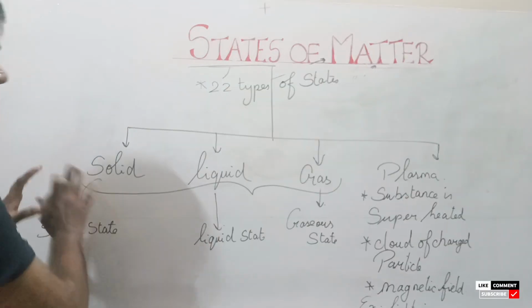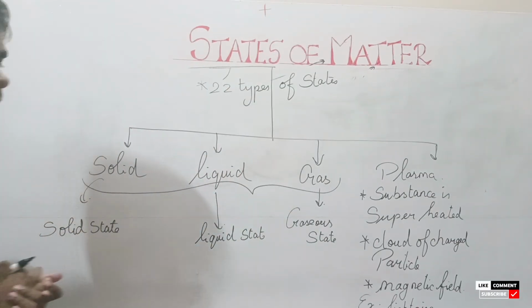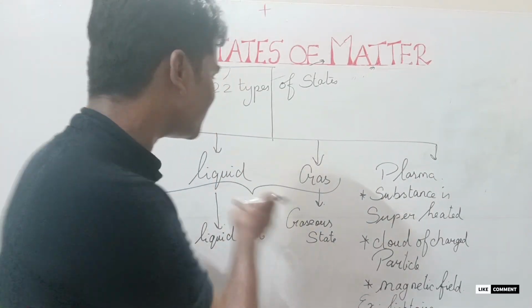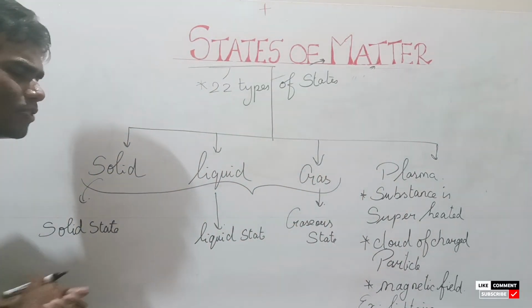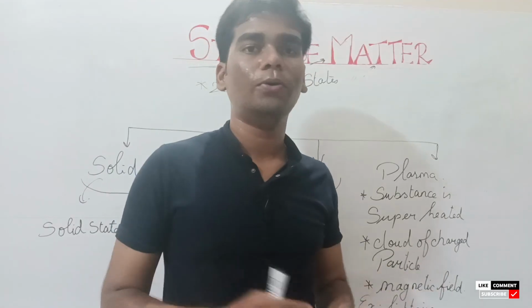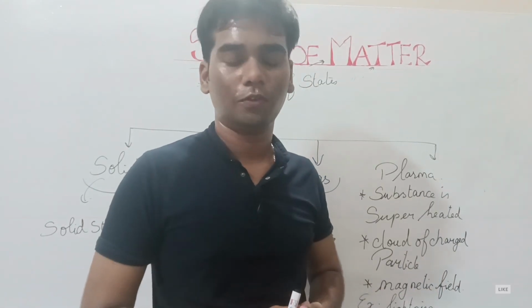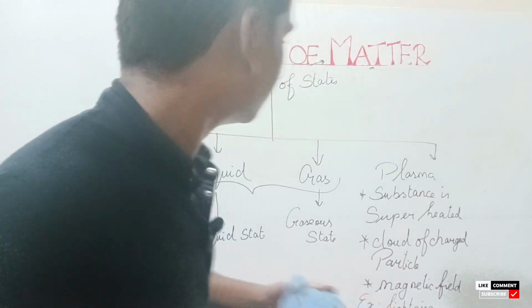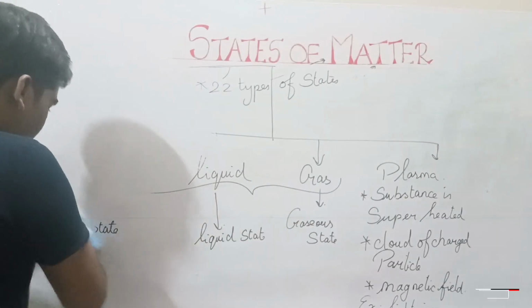Okay. After studying all these things, you may be wondering how these states are formed. So my dear friends, all these states are formed due to competition between two forces. Let me write it here. First I will erase all these things.